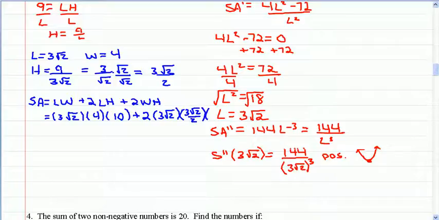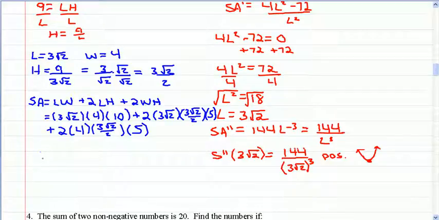And I multiply it by 5 for the cost to build the sides, and then I add it to 2 times the width times the height, and once again I multiply this by 5, and then I simplify. 3 root 2 times 4 times 10 is 120 root 2. 3 root 2 times 3 root 2 times 5 is 9 root 4, which is 9 times 2, which is 18 times 5 is 90.